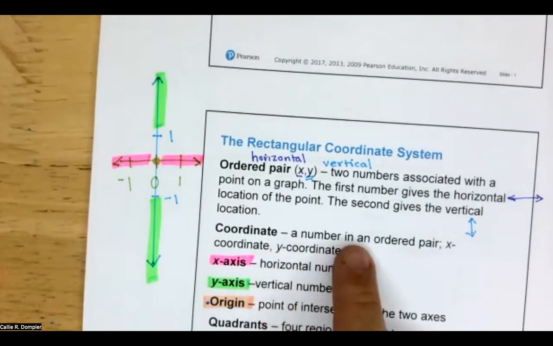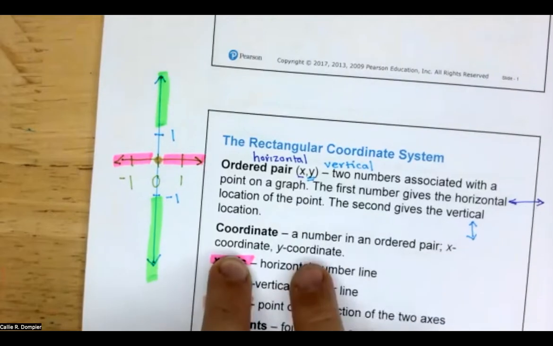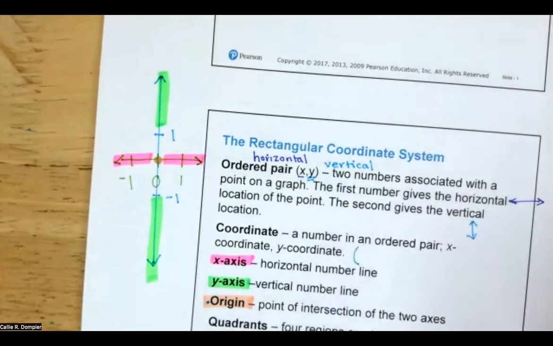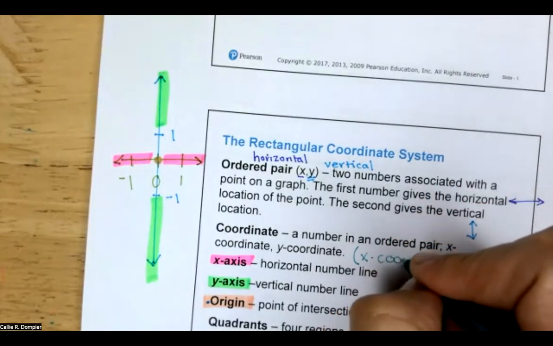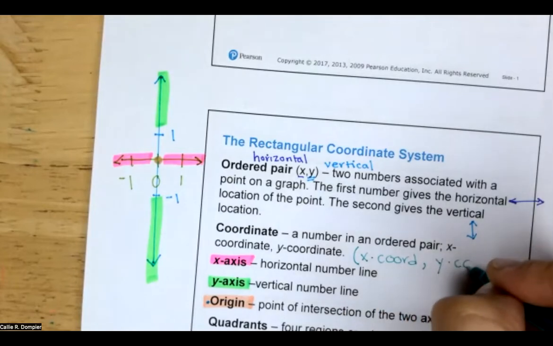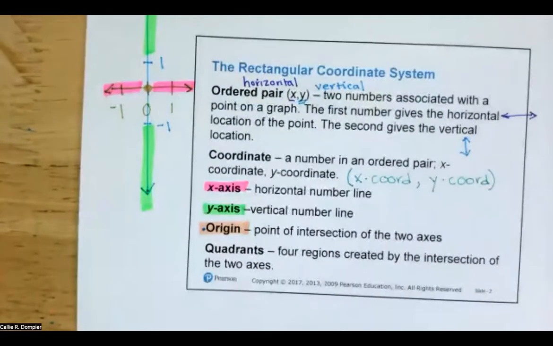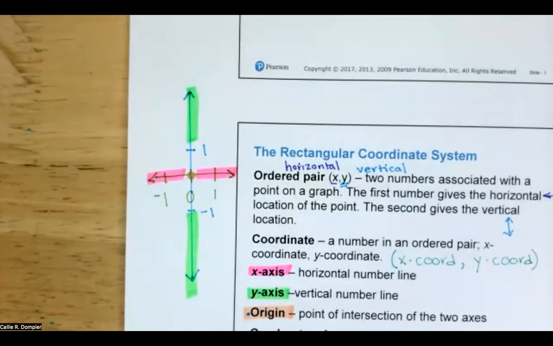The coordinate is the number in an ordered pair, x coordinate or y coordinate. So when you see the ordered pair, you see an open parenthesis, then you see the x coordinate, whatever that number is, you see a comma, and then you see the y coordinate. The quadrants are 4 regions created by the intersection of the two axes.